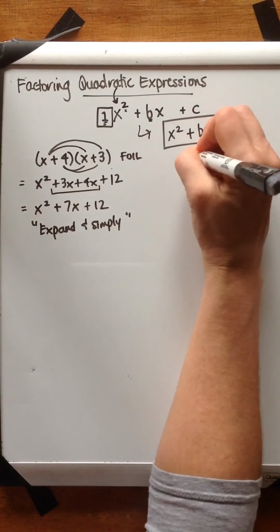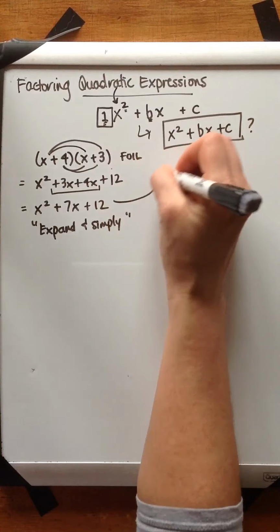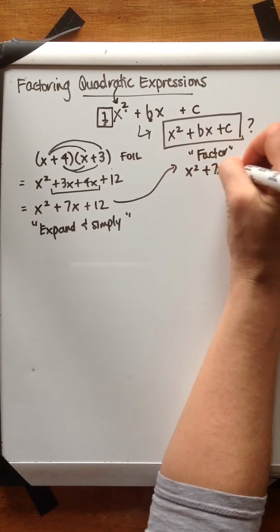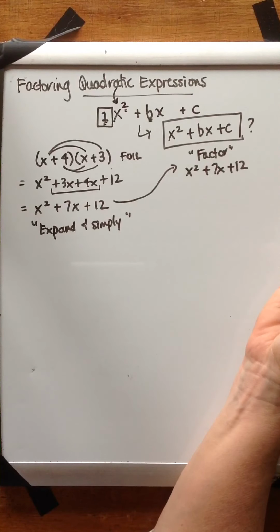But if you were asked to factor, what that means is that you are actually starting with the answer, which is x squared plus 7x plus 12, and being asked to go back to the binomial form instead.